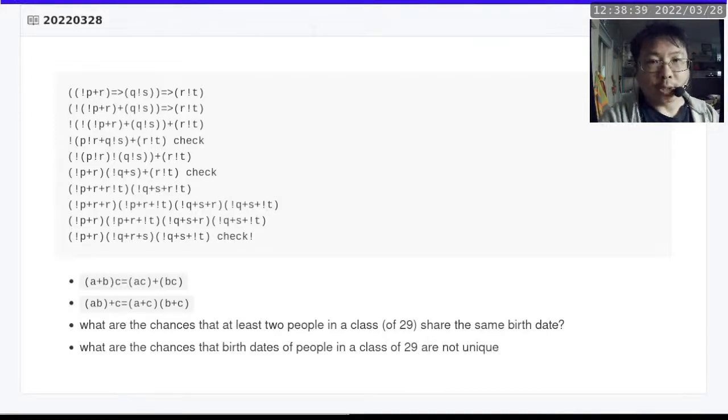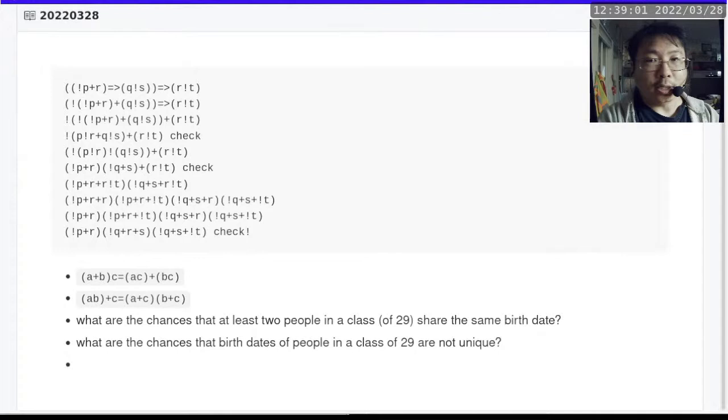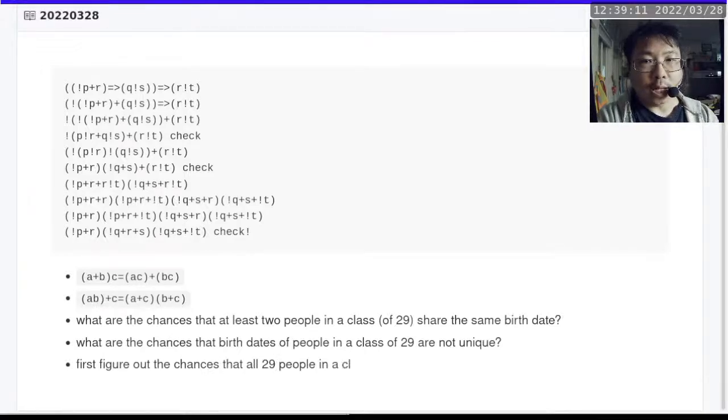That is now the question. With this question, one way to look at this is, if I can figure out what are the chances that everybody has a different birth date, then I can just say it's 1 minus that, because it is the complement that we want to answer in this question. So first figure out the chances that all 29 people in a class have different birth dates.